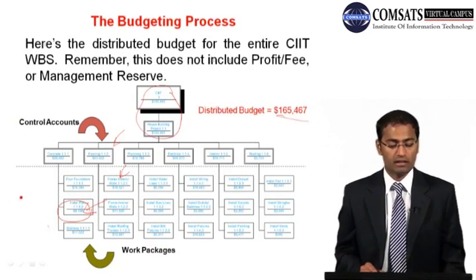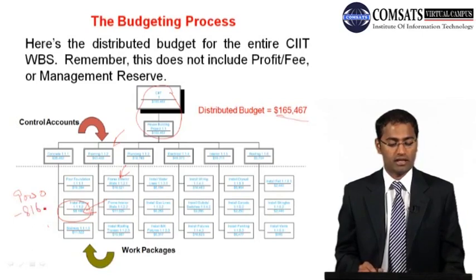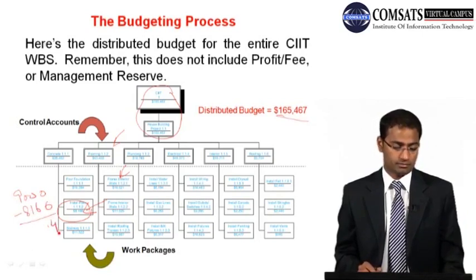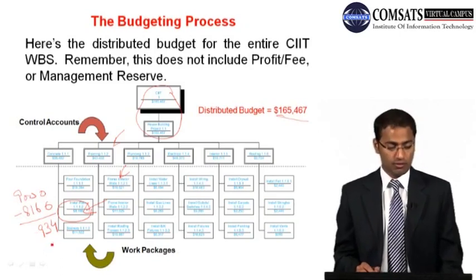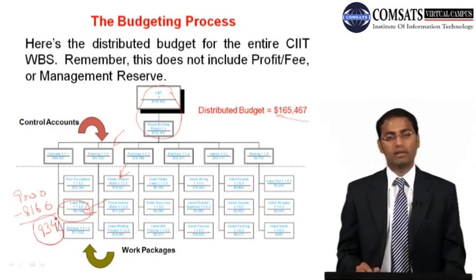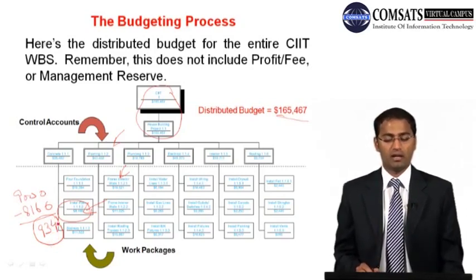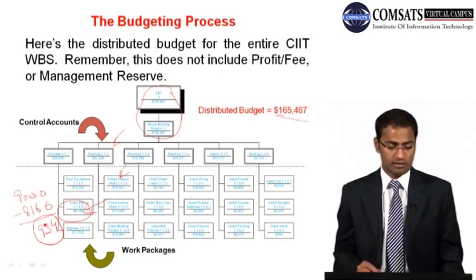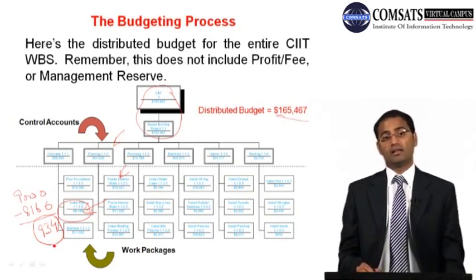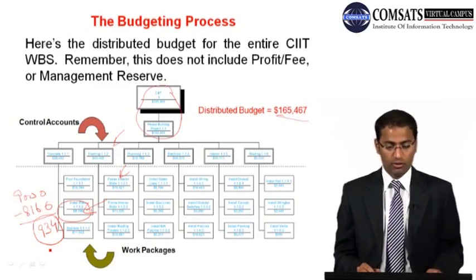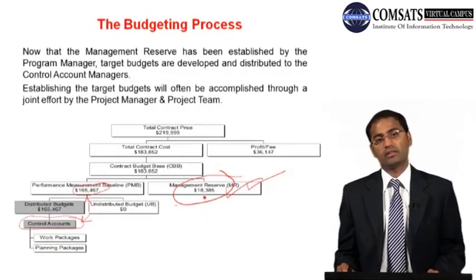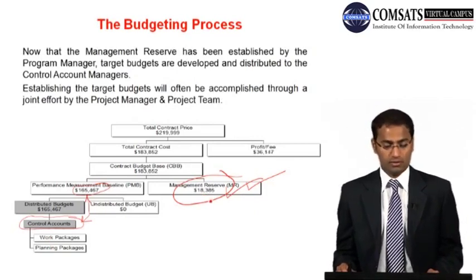So the difference of 9,000 minus 8,166 is $934. This will be given by the program manager, and the project manager in consultation with the CAM will discuss this and demand that we are in need of this 934 out of this 18,385 US dollars.